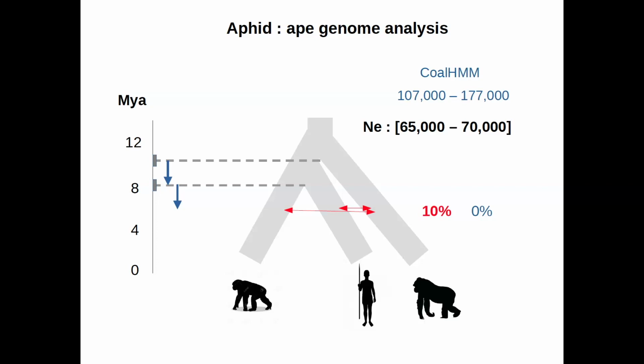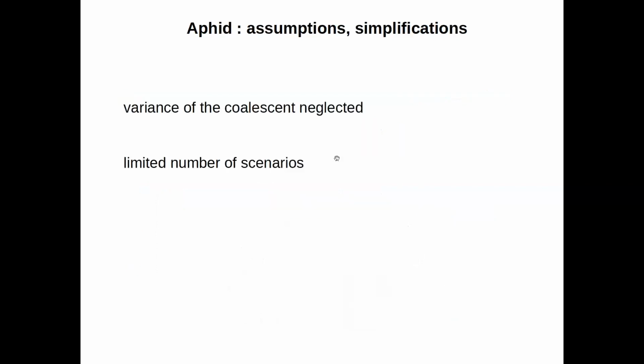Okay, I'm close to finishing. So in the next slide, I'm recalling some of the assumptions and simplifications made by this method. It is very important to keep in mind that APHID is a heuristic. It's not a proper population genetic model, if you want.